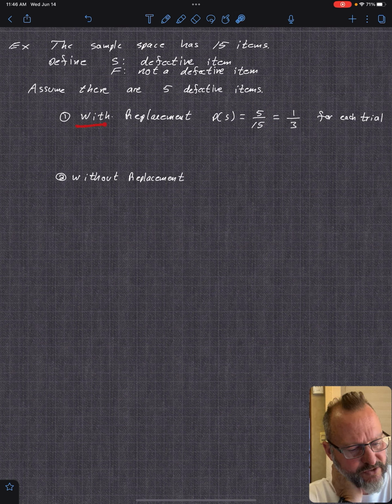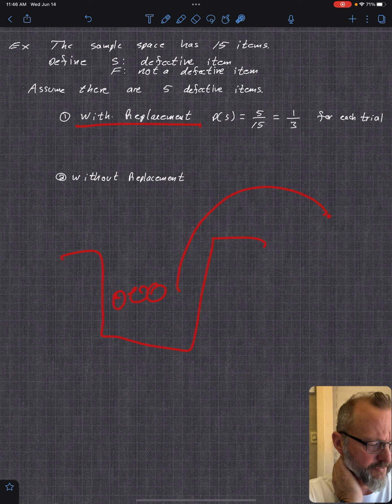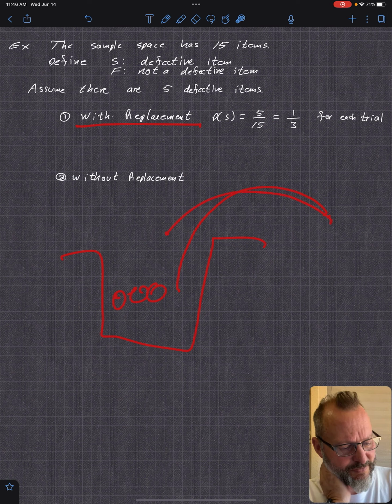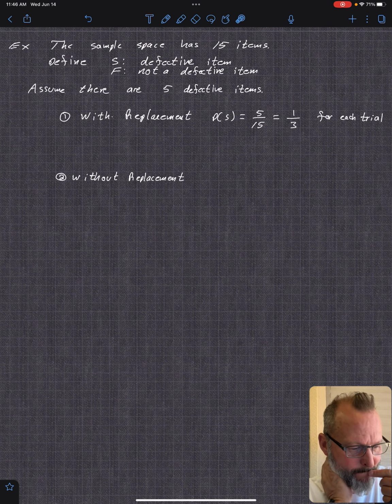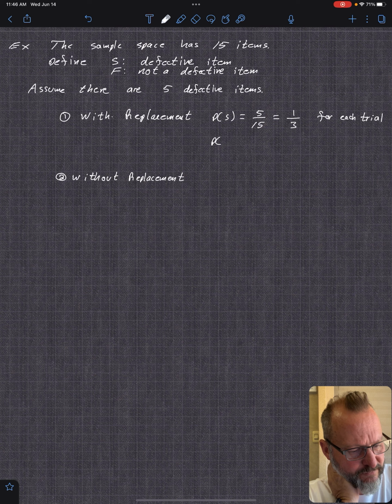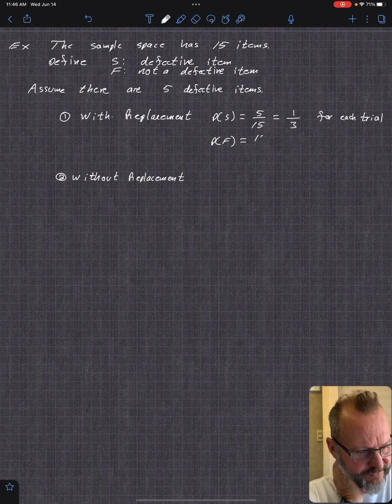So this is with replacement. You got to picture something with all these items in it. You select one, is it defective or not? Yes or no, and then you put it back. So that's the idea, you're placing it back. Then the probability of failure is always the same as well, which would be the difference, which would be 10 out of 15.